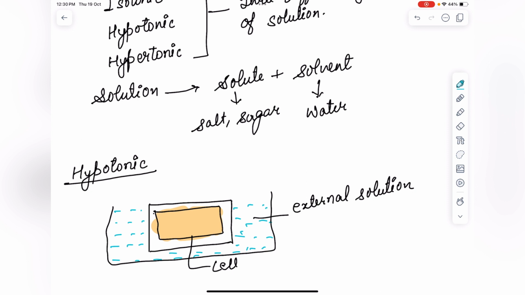Water, solvent and solute will be present. If less solute is present in the external solution than in the cytoplasm, this kind of solution is called a hypotonic solution. अगर बाहर solution में less solute है, then the cytoplasm क्या होगा? इसे बोलेंगे hypotonic solution.